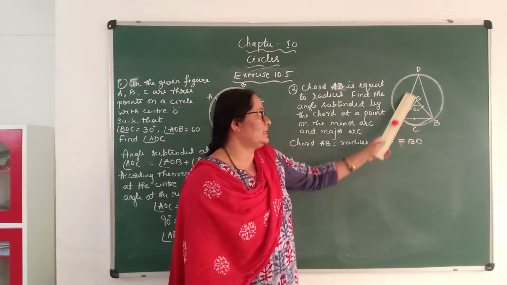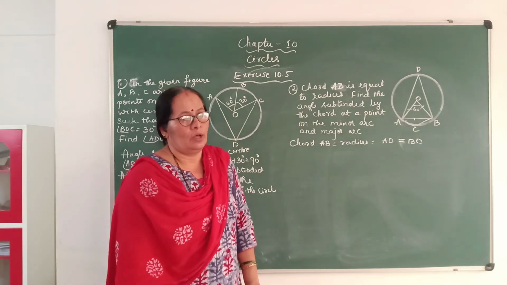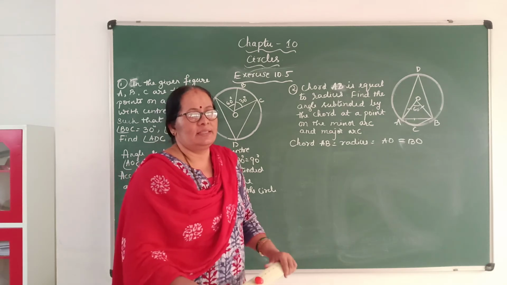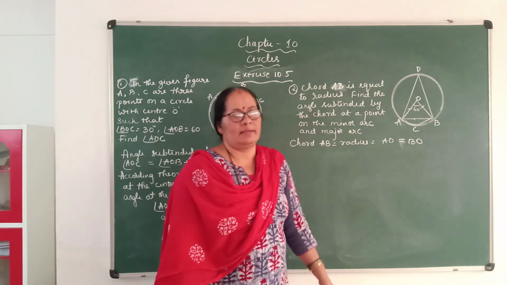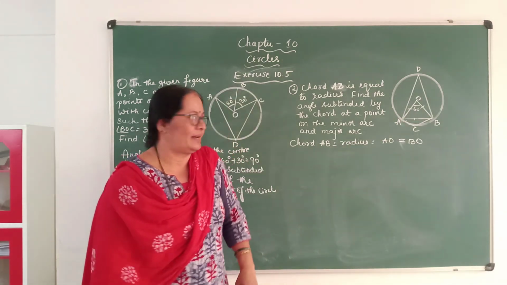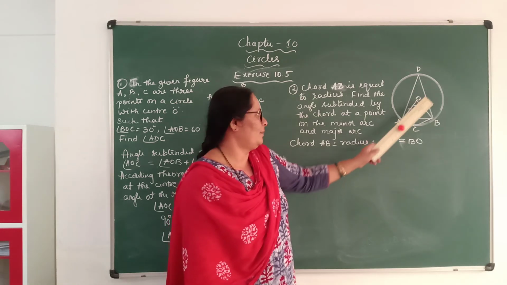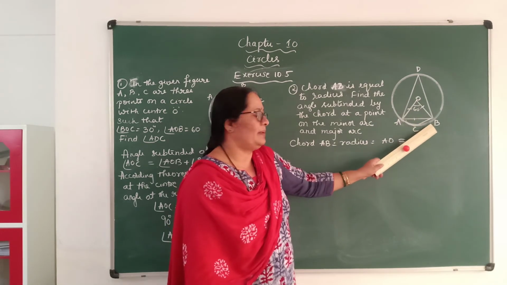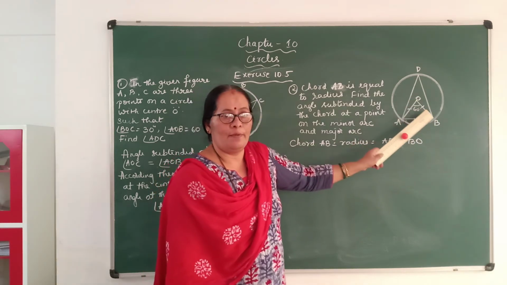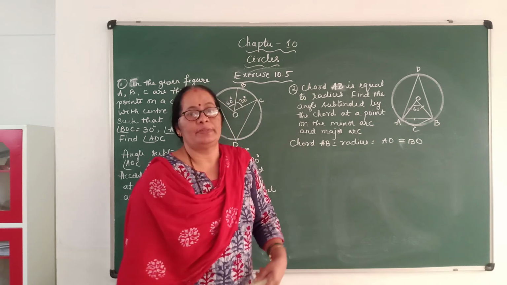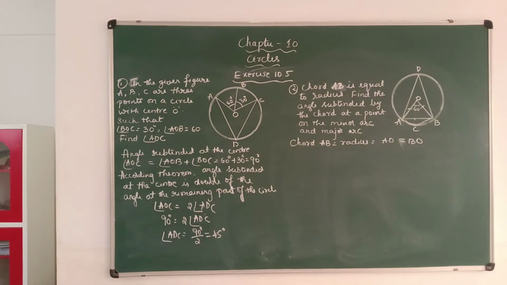Reflex of AOB is 360 minus 60 degree, which is 300. Therefore, angle ACB is half of the reflex angle AOB, that is half into 300, which is 150 degree.